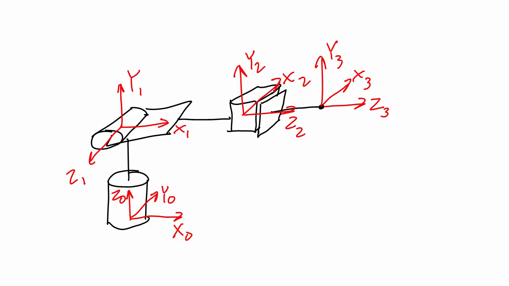And I need to draw in my joint variables, and I need to label all of the links.